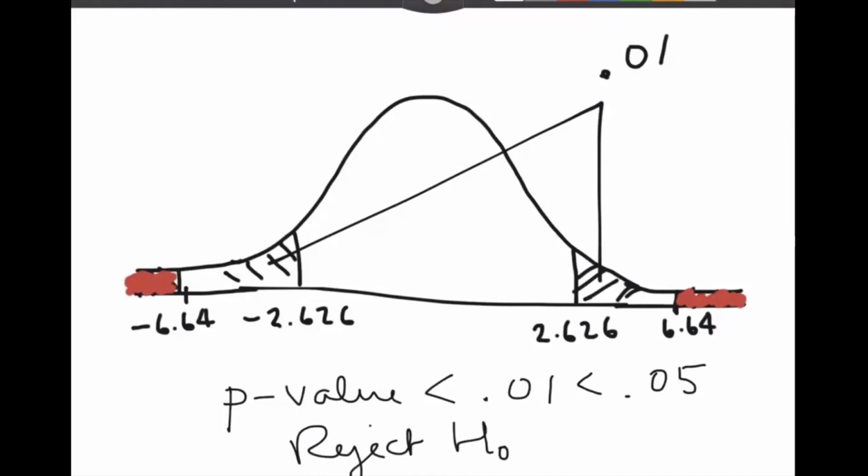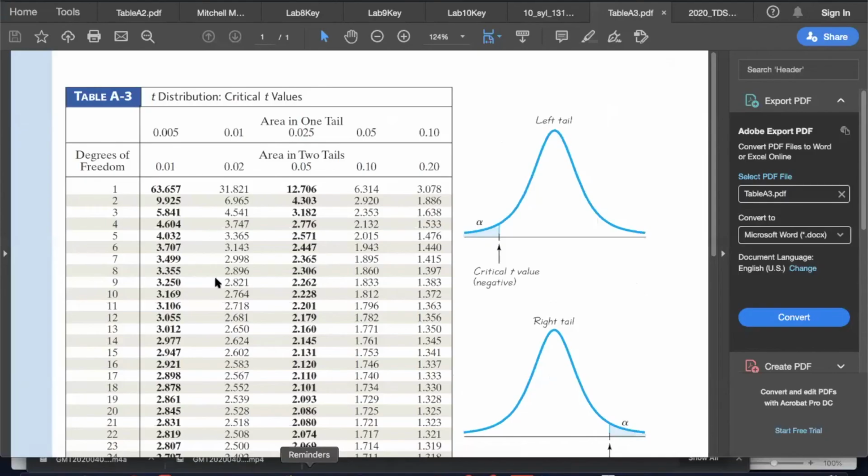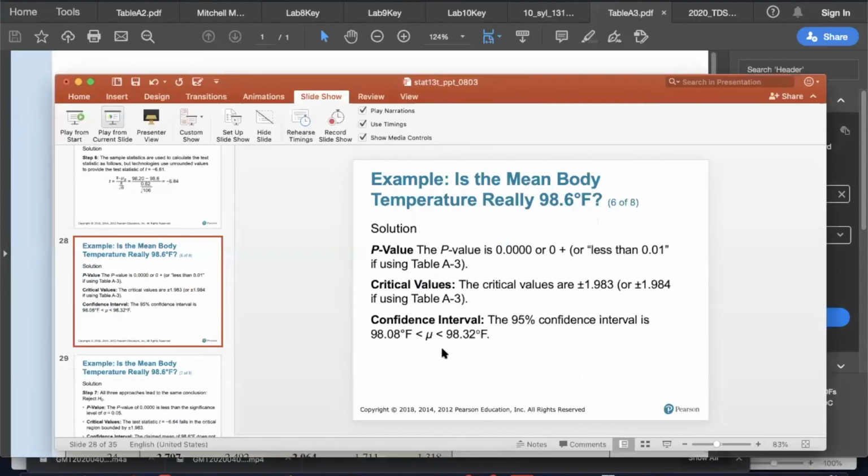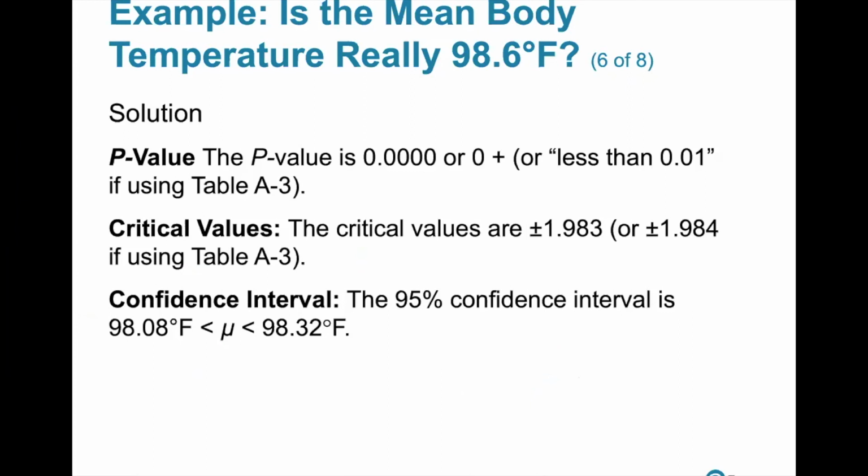Okay, so now switching back over to here. I'm going to skip the confidence interval approach for this problem, but I will talk about the critical value approach. So again, the meaning of the critical values in this problem would be this.